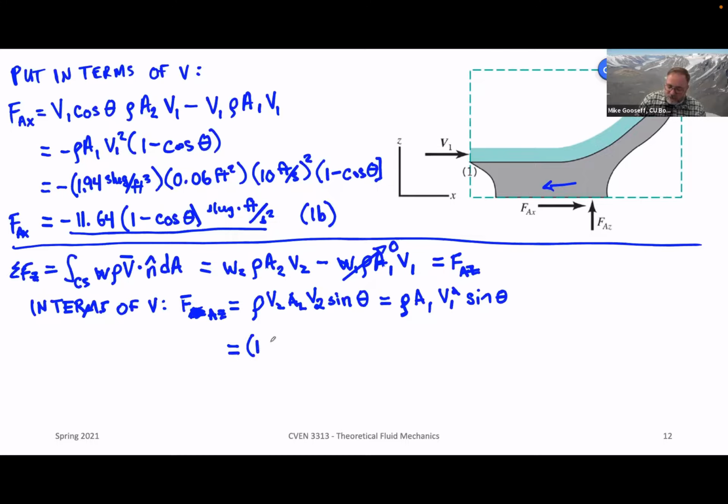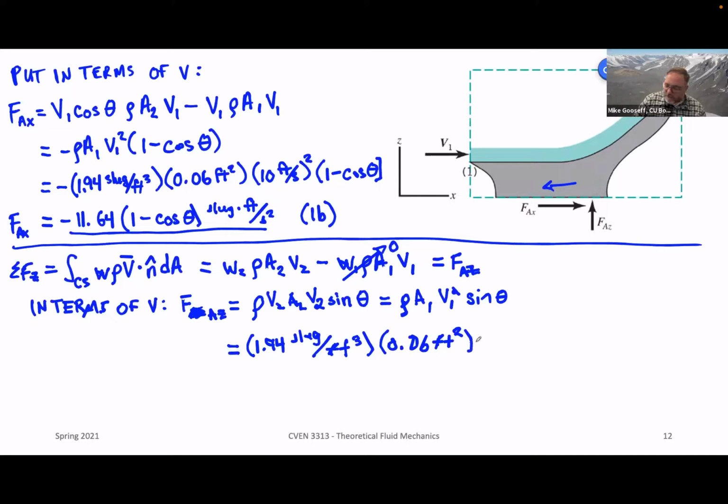So 1.94 slugs per foot cubed, and then times 0.06 feet squared, and that's the area.